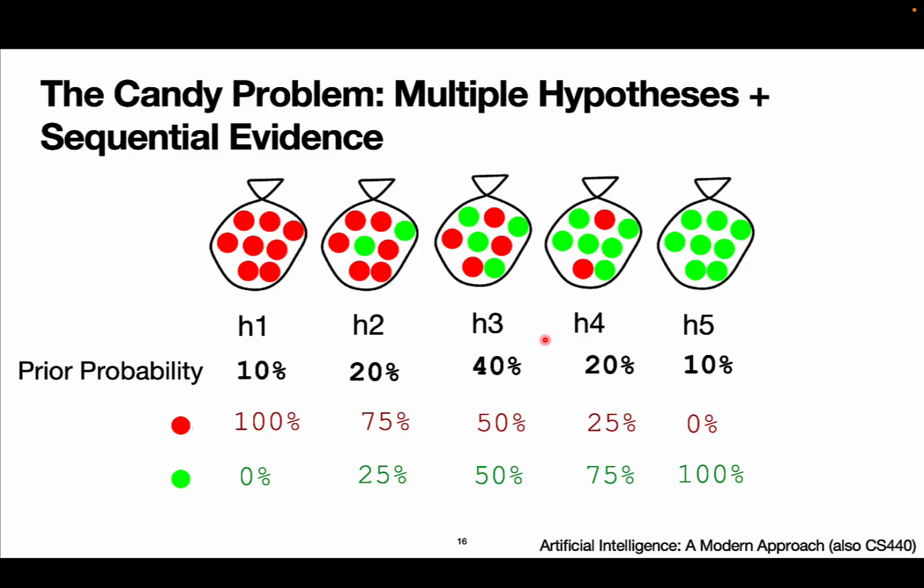But we have this very general information. 10% of the produced bags are cherry-only bags. So let's say this company produced 100 bags, so 10 of these 100 are going to be type H1. And 20% will be type H2, 75% cherry, 25% lime, and so on. Here you have 40% with 50% cherry, 50% lime, 20% with 25, 75, and so on.